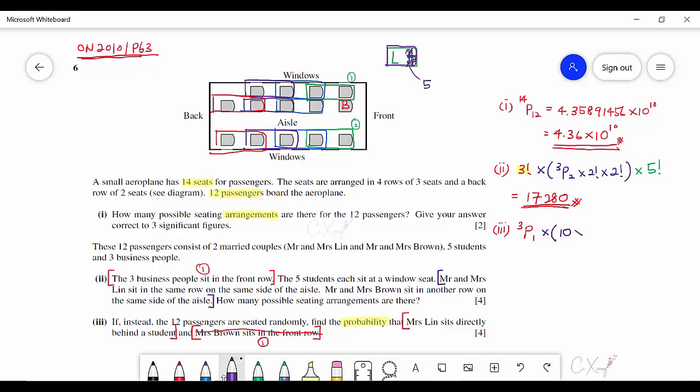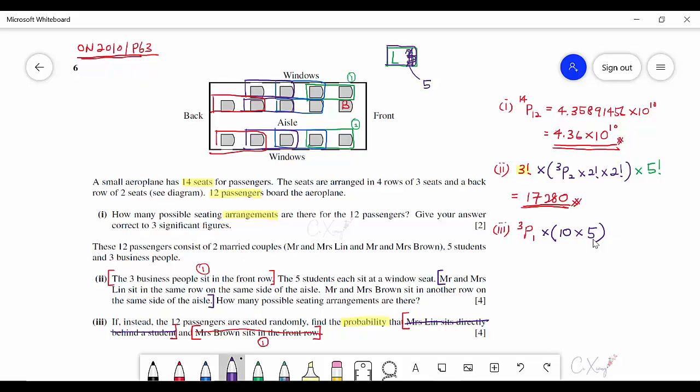So you multiply it with 5. This purple part is for Mrs. Lin with the student in front, and multiplying by 5 means that she might sit with student 1, 2, 3, 4 or 5. Now we have completed both restrictions.